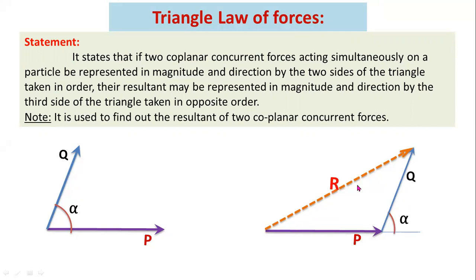This dotted line indicates the magnitude of the resultant. By taking a suitable scale, you can determine the magnitude of the resultant, and also you can find the direction of the resultant. That is theta. Theta is the direction of the resultant force.